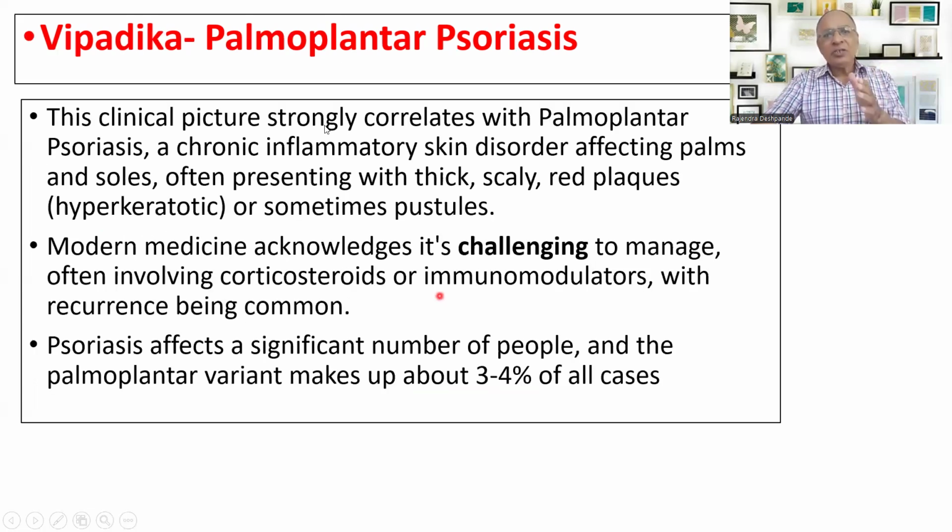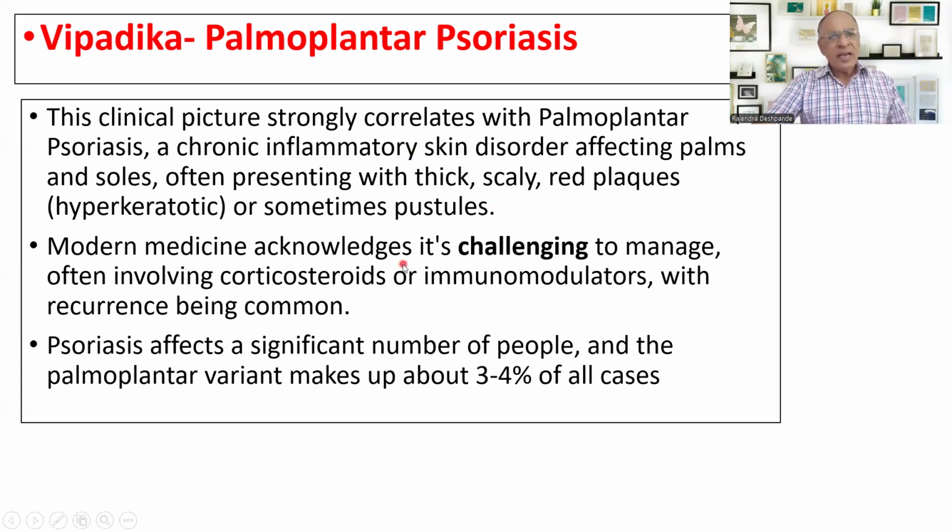This clinical picture strongly correlates with palmoplantar psoriasis, a chronic inflammatory skin disorder affecting palms and soles, often presenting with thick, scaly, red plaques that are hyperkeratotic, or sometimes pustules.